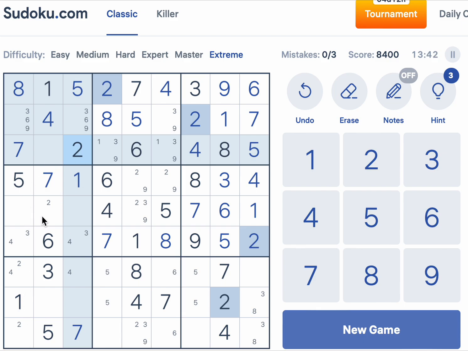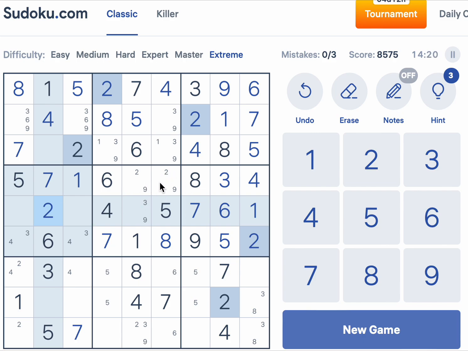Okay, for this block, this is the only available spot for 2. Okay, so for this block, let's see, we could have 2 here, and this 2 position could also contain 2. So we don't have a solve for 2 yet.